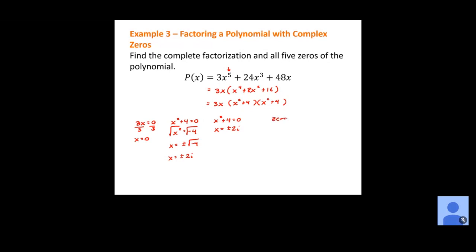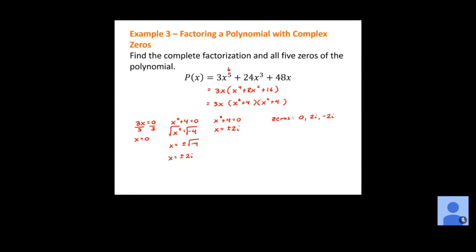Let's talk about the zeros first. What are all the zeros of this polynomial now? Okay, good. So we have 0, we have 2i, and we have negative 2i.